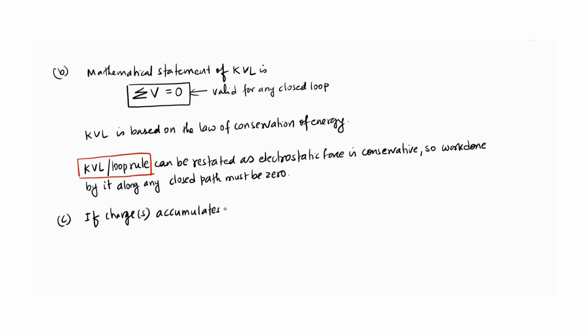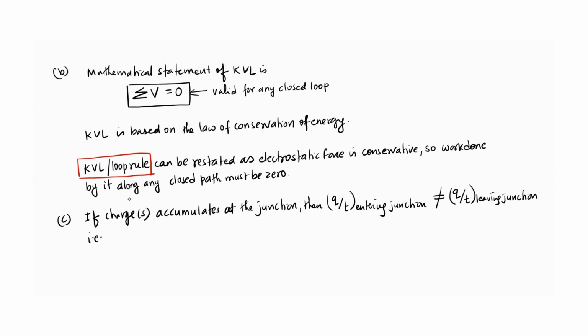then what do we get? Then charge per unit time entering the junction is not equal to charge per unit time leaving the junction. So we have this.